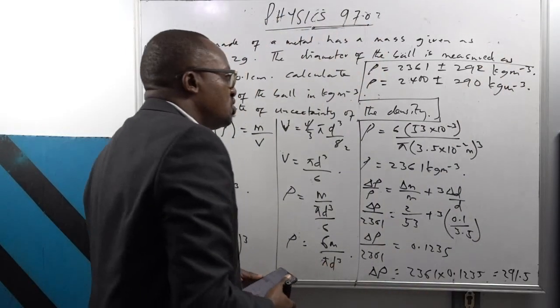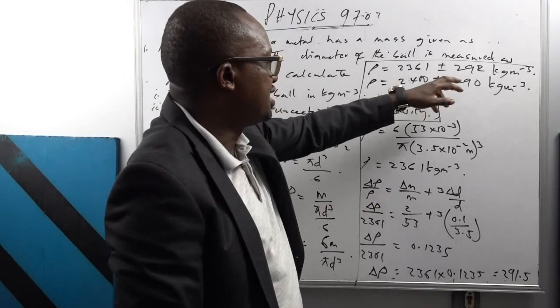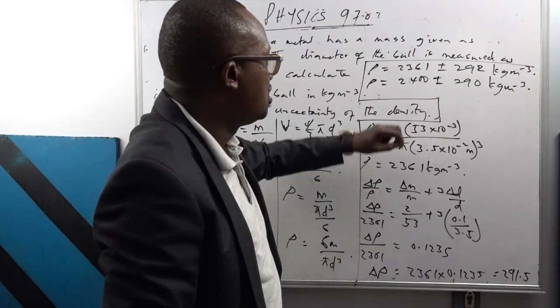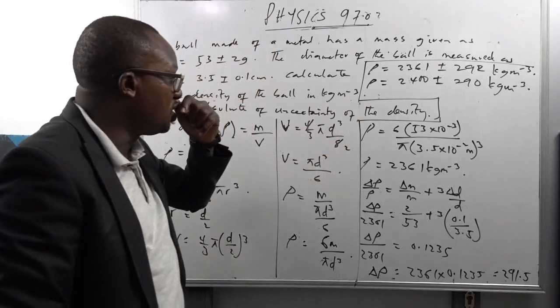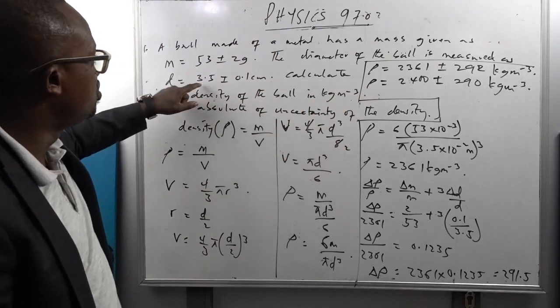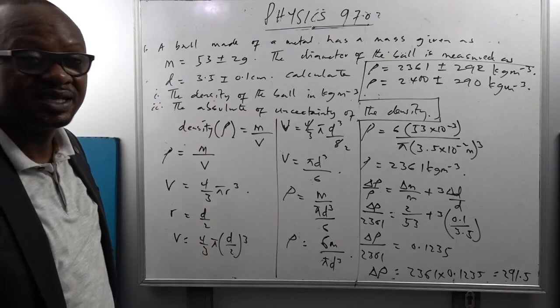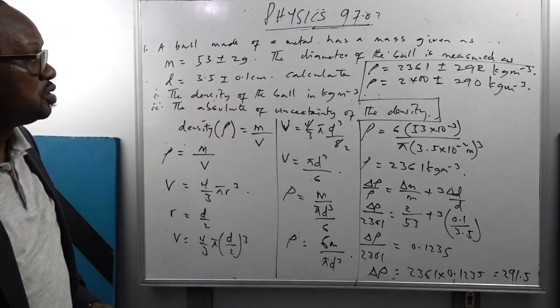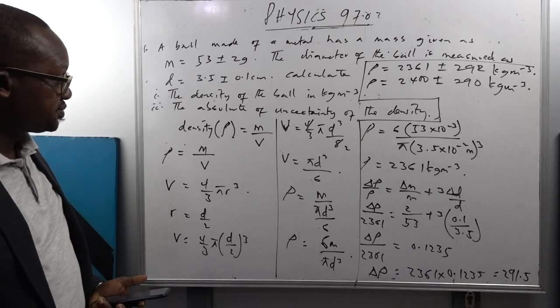If the reading does not have decimal place, then the uncertainty should not have decimal place. But the reading should be presented to the same number of significant figures as any of its constituent readings with the lowest number of significant figures. So that is that.